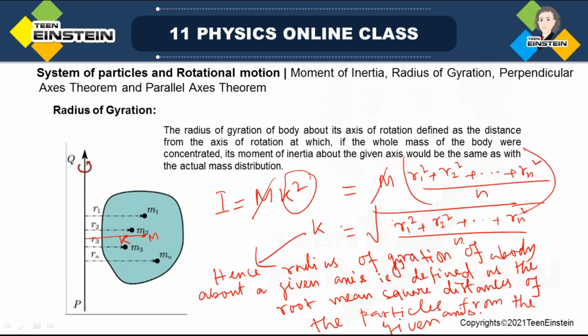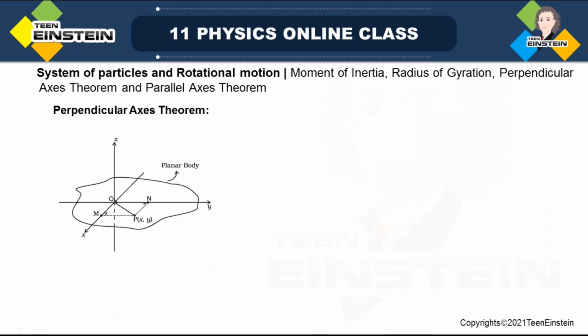So there are two factors: the position and orientation of the axis with respect to the body, and the mass distribution of the object with respect to the axis of rotation. So radius of gyration is a geometrical concept.